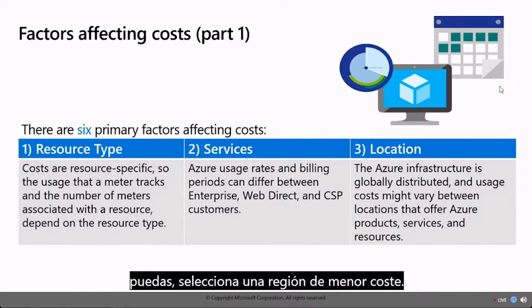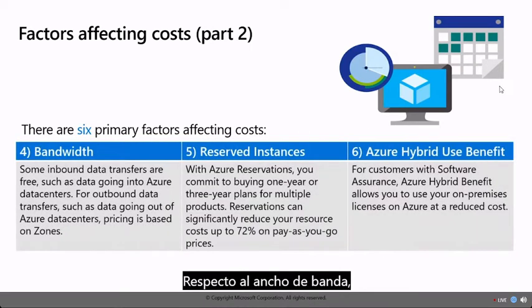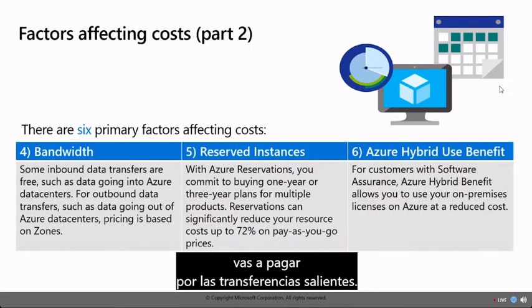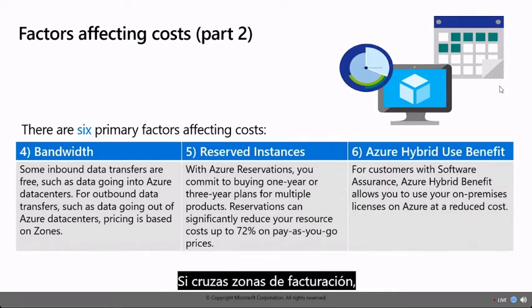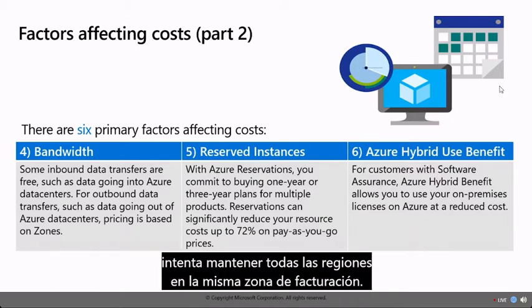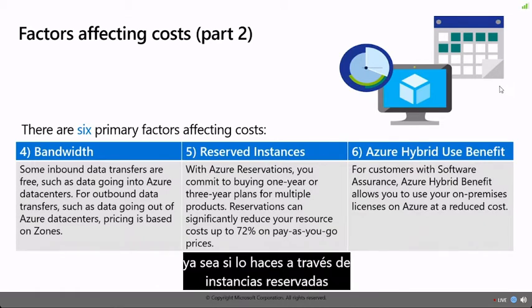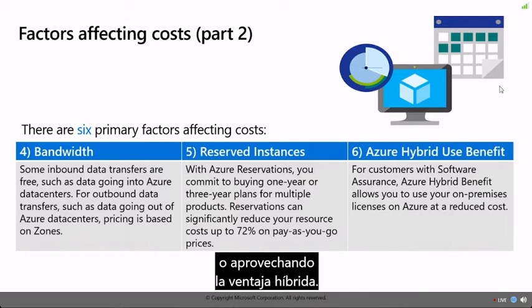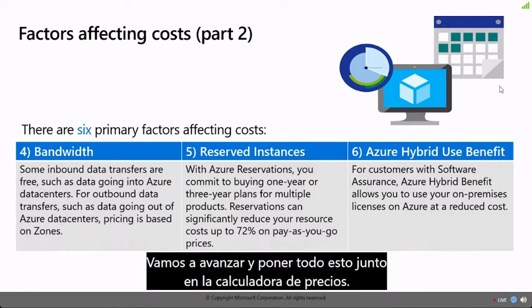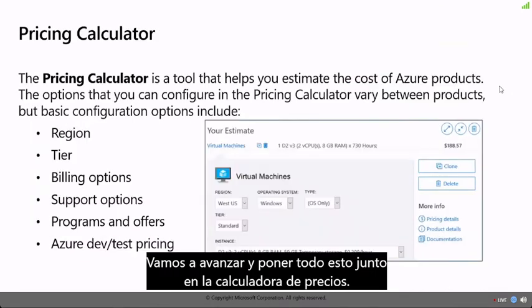So when you can, select a lower cost region. When it comes to bandwidth, you're going to pay for those outbound transfers. So if you are crossing billing zones, there will be a charge. So if you have the ability, try to keep all of your regions in the same billing zone. But there are other ways to save money, whether you're choosing reserved instances or you're taking advantage of the hybrid benefit. Let's go ahead and put that all together in the pricing calculator.